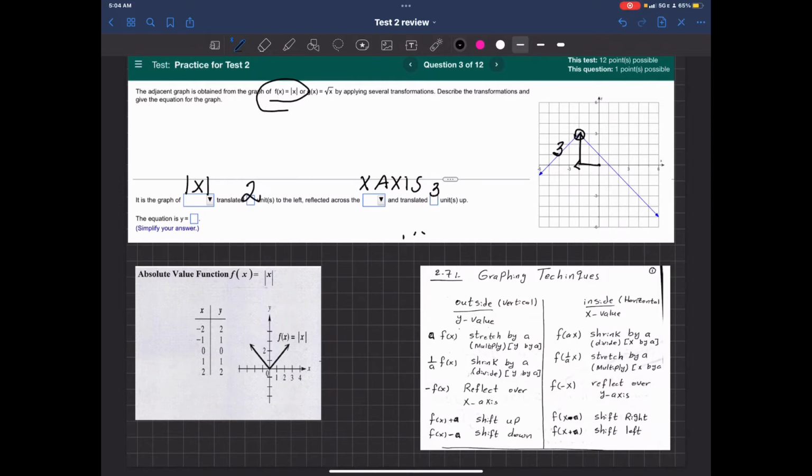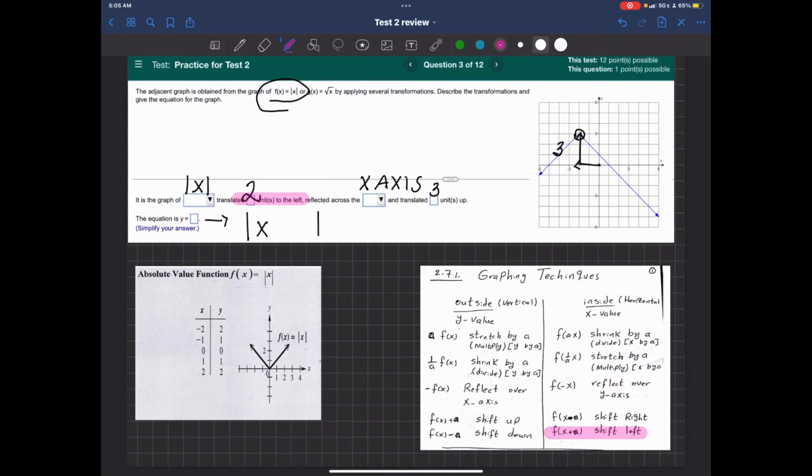Okay, so let's go ahead and put this together. And we know that y equals, I'm just going to write it out here. I have an x. And let's think about it. 2 units to the left. If we look at our techniques of what's happening inside the function, that means that we're going to be adding the 2.